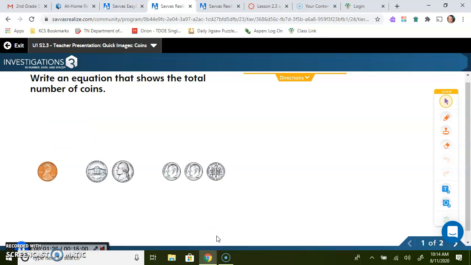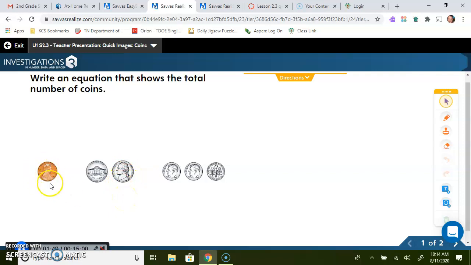How many different coins do you see? Not how many coins, how many different coins? Good, 3 different coins. Which one of these coins is a nickel? A nickel. Good, these two right here. This is the back of your nickel. This is the front of your nickel. Which one of these is a penny?